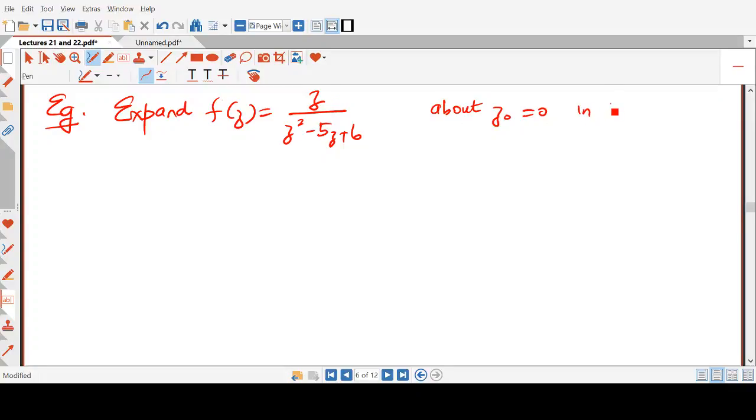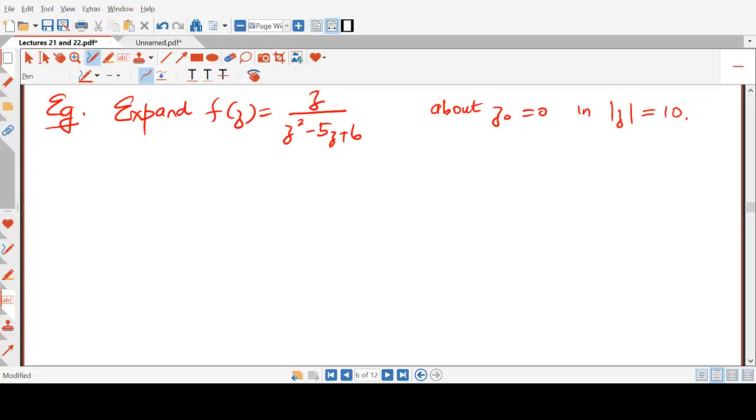In z equals, let's say, 10. Okay, so I want to expand a function of this type about the point z naught equals 0. I want to find the Taylor series expansion of this basically.